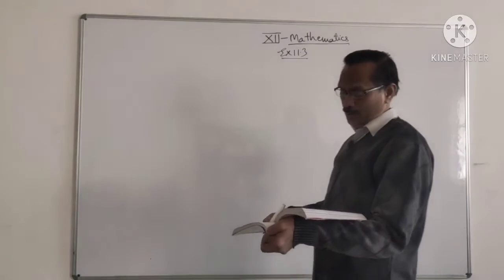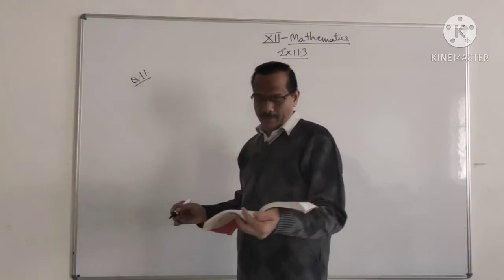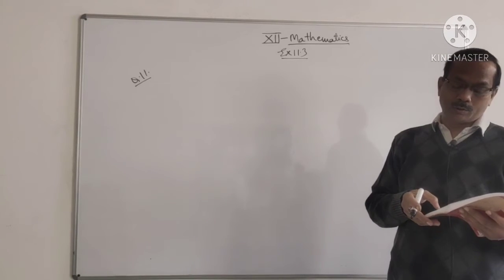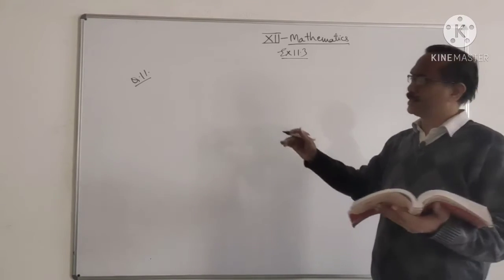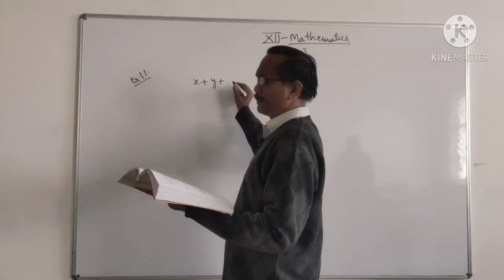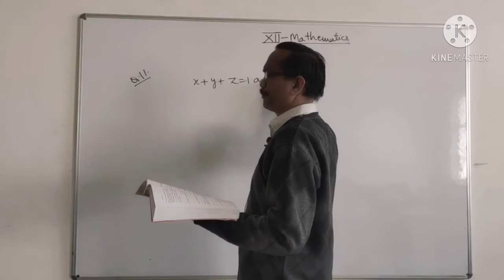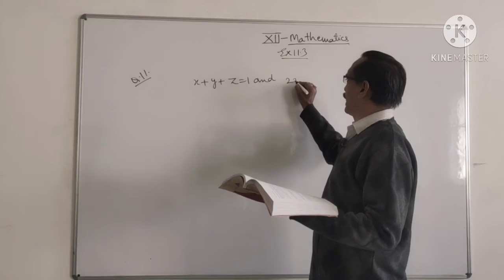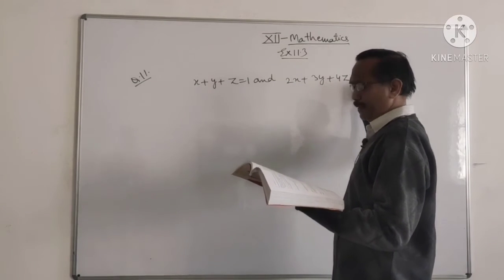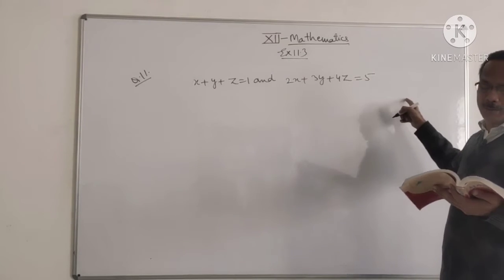Student, now question number 11. Find the equation of the plane through the line of intersection of planes. Here planes are given in the Cartesian form. X plus y plus z equal to 1 and 2x plus 3y plus 4z equal to 5, which is perpendicular to the plane.